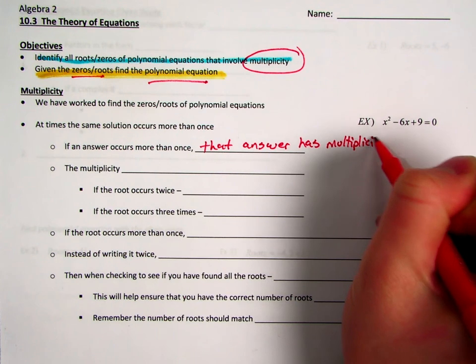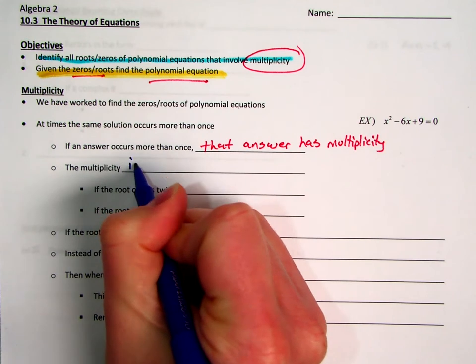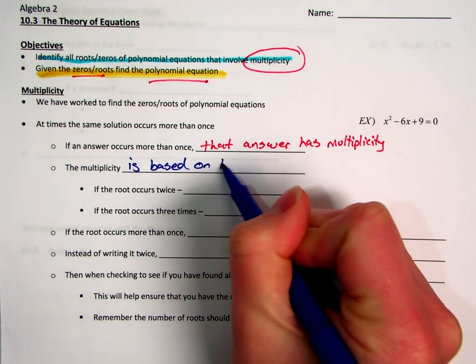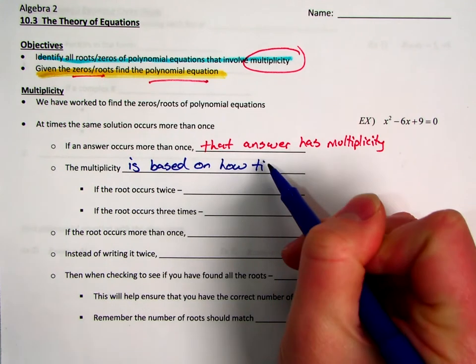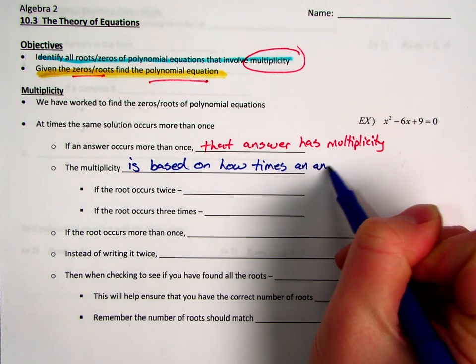The multiplicity is based on how many times an answer occurs.